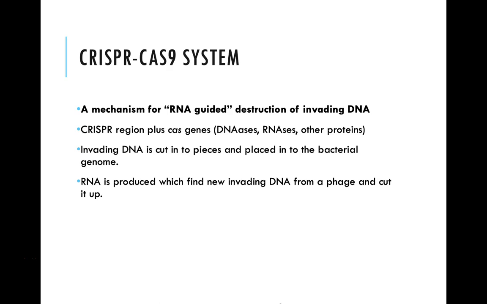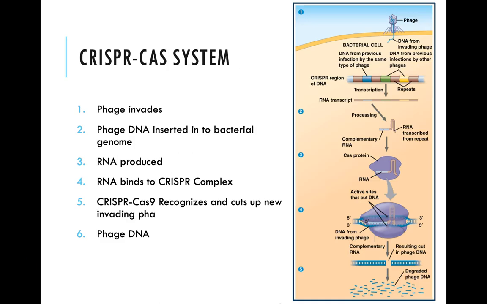So it has basically a complementary sequence to the foreign DNA. It recognizes the foreign DNA and then it cuts it up so that it cannot infect the cell. That process has been utilized to actually edit genomes within all kinds of organisms.